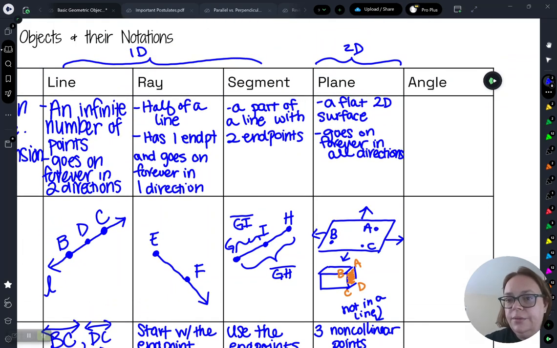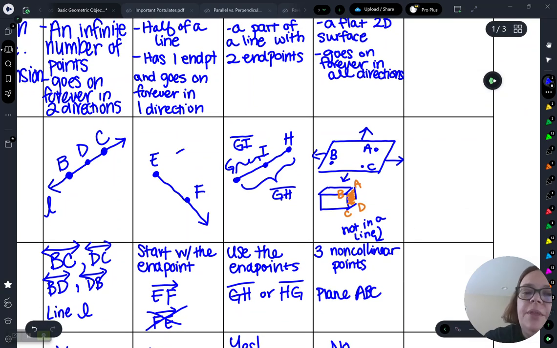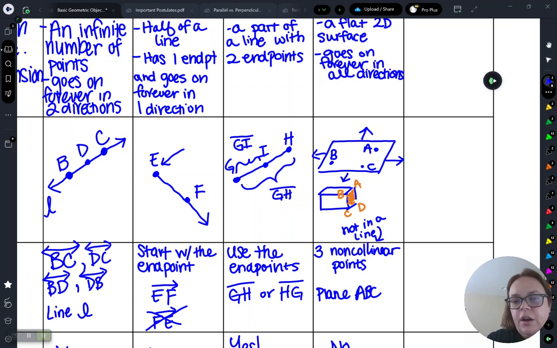Okay, angle. We see angles and we use angles a lot in geometry. So an angle is basically when you take 2 rays that share a vertex. Oh, I should mention the initial point is where we're going to start our angle.